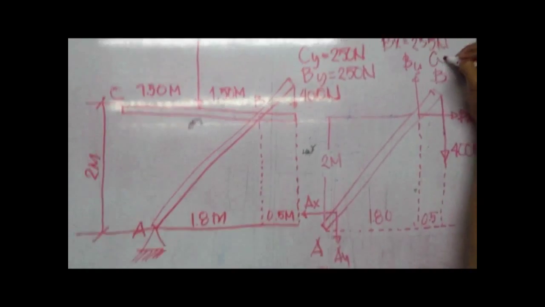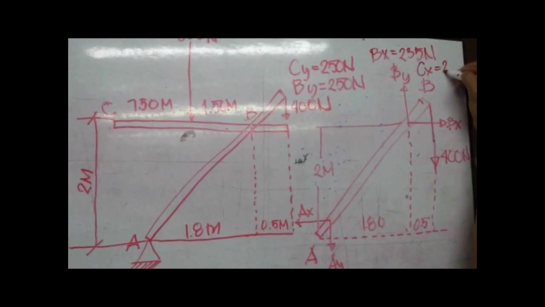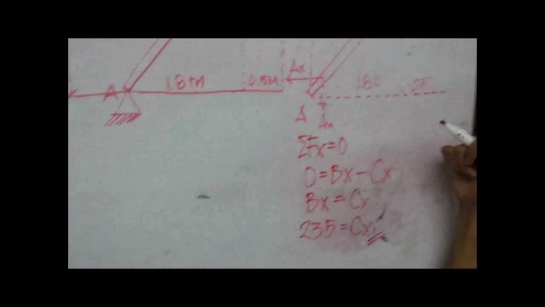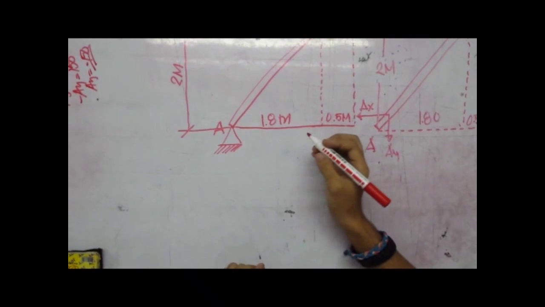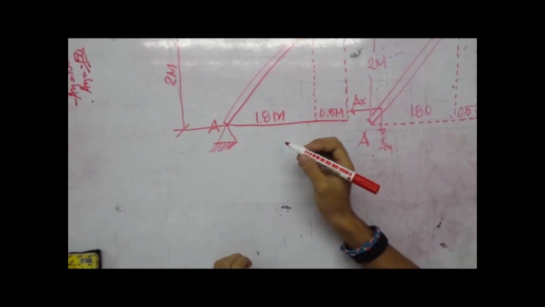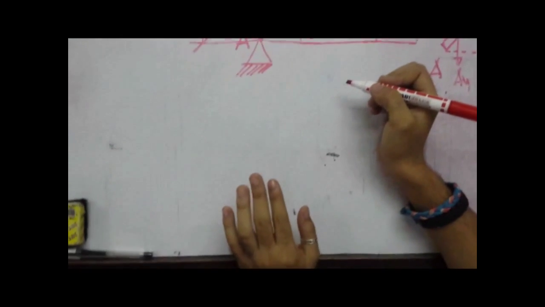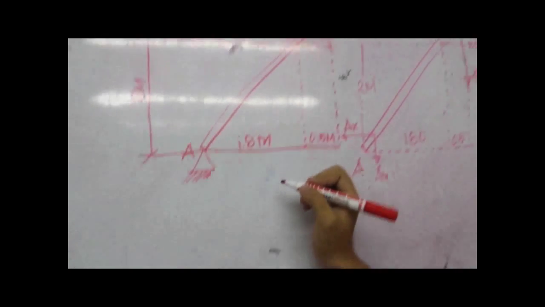Now we have the x and y components of B and C. Next step will be getting the summation of the forces along y-axis and the x-axis. So first, we will get the summation of the forces along y-axis.